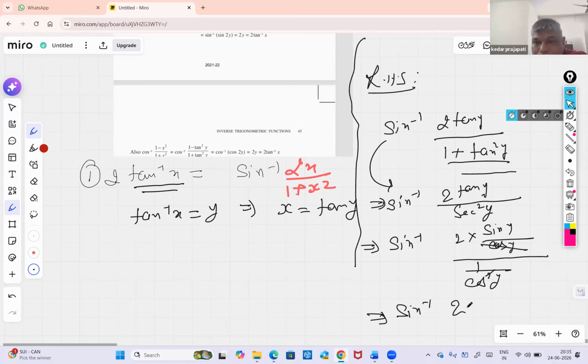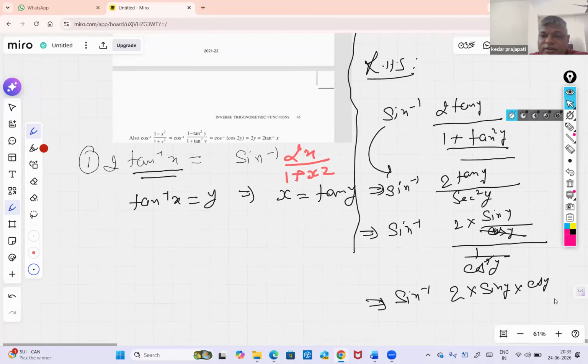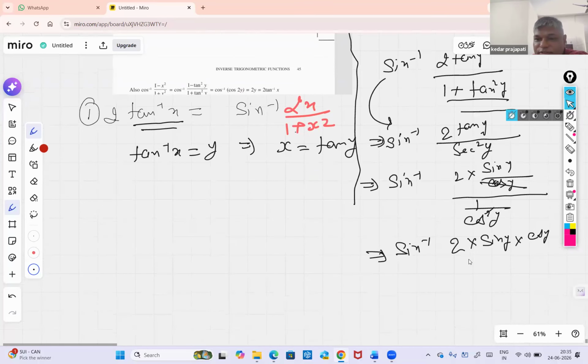So what is this? 2 sin y cos y is sine 2y.